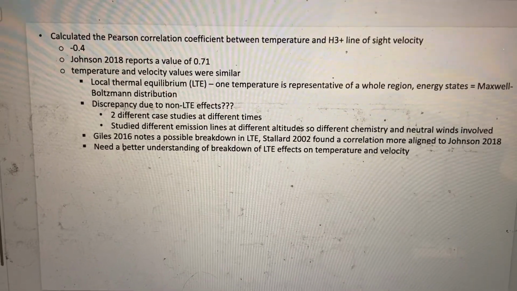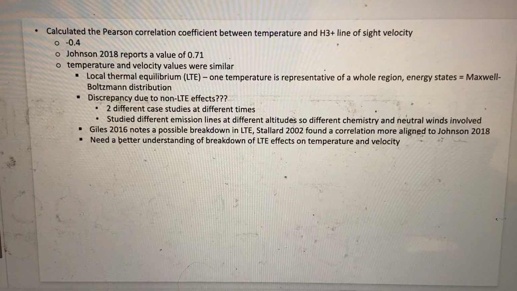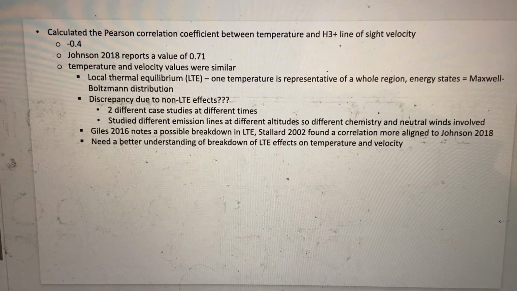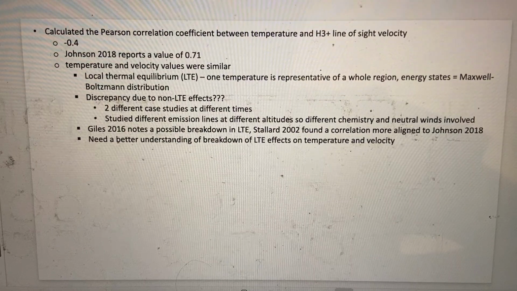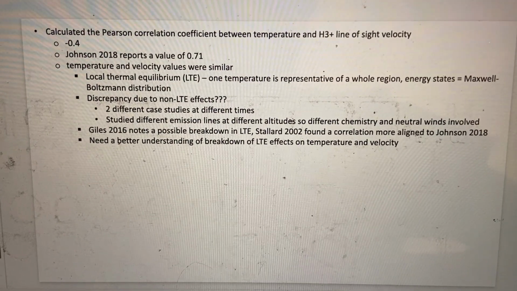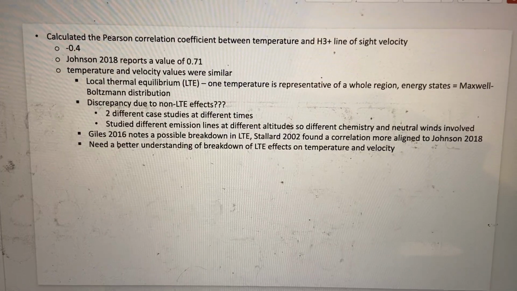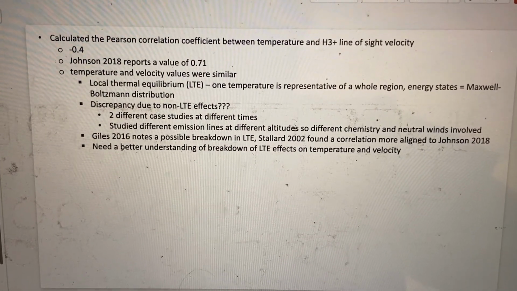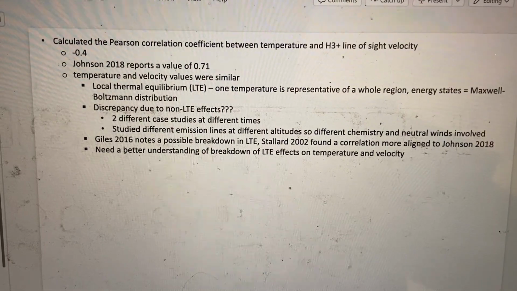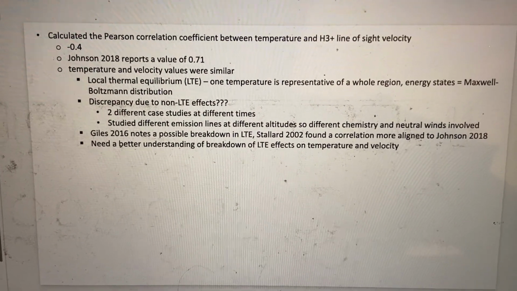That's an assumption that we make to say that one temperature is representative of a particular region. And so they say that there's a breakdown of this assumption that causes discrepancy. And also both studies study different emission lines at different altitudes. So that can also be a factor.